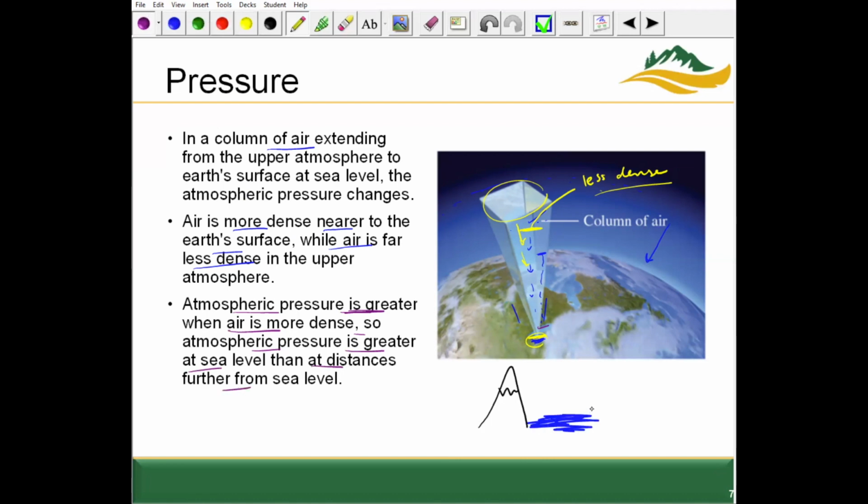So we'll feel more pressure here at sea level than we would feel if we climbed up a mountain, for example. This applies too for different inclines and different altitudes throughout the globe. So the higher up we are, the less pressure. The closer we are to the Earth's surface, the more pressure we feel.